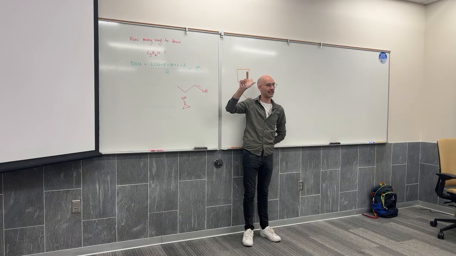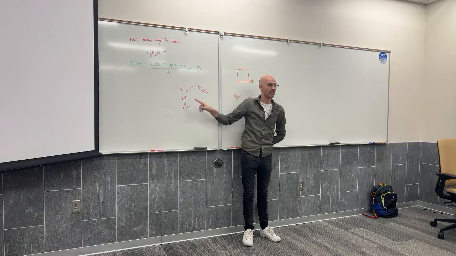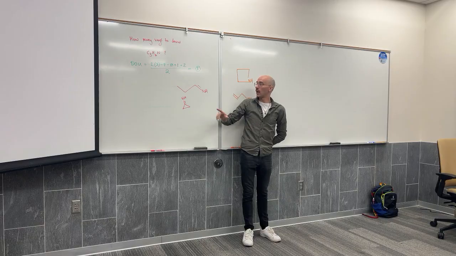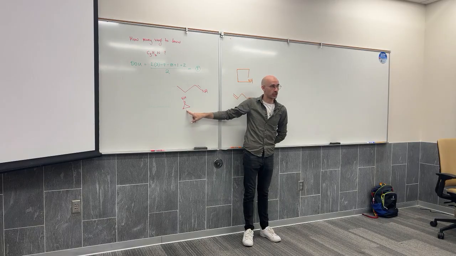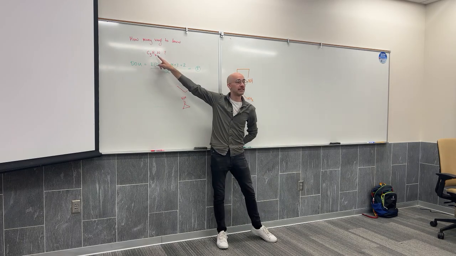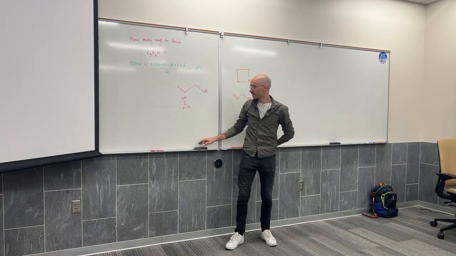A ring and, not an alkene, because it's a carbon-nitrogen double bond, but it has a ring and a pi bond. That's 2 degrees of unsaturation. That's not an impossible structure, but if we look at the number of hydrogens, 2, 4, 5, doesn't match our chemical formula. Oh, I forgot the triangle.